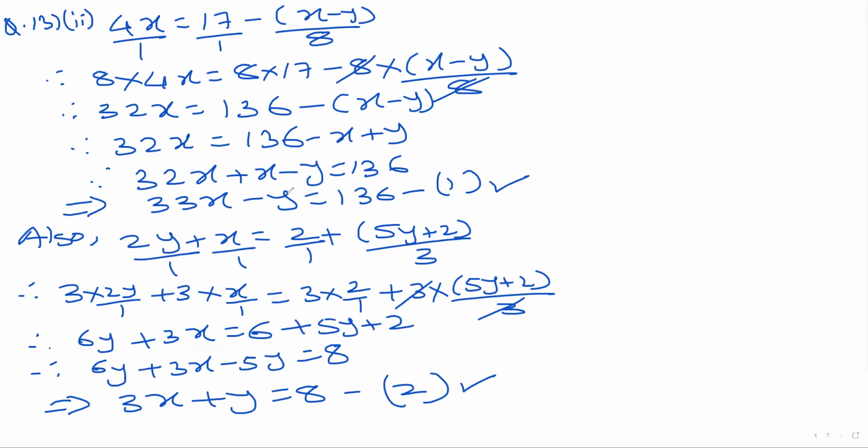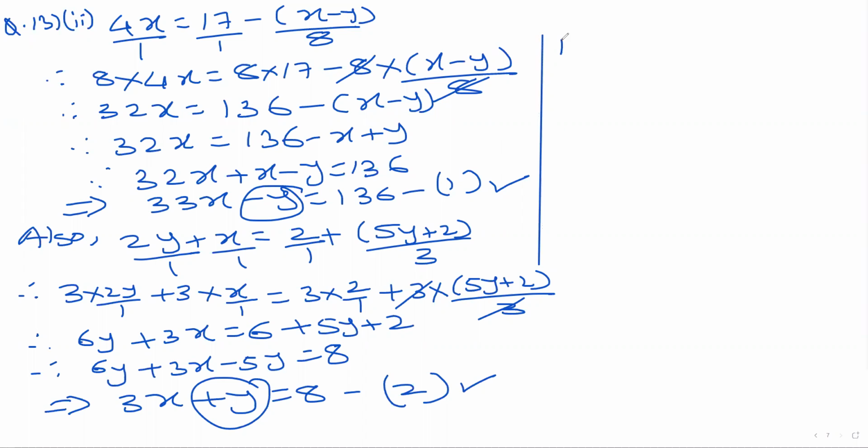Because the coefficient of y in equation 1 is -1 and the coefficient of y in equation 2 is +1. You don't have to multiply, you just have to add them because the signs are opposite. If the signs are opposite and coefficients are the same, you just add the equations to eliminate that variable. Is that clear?